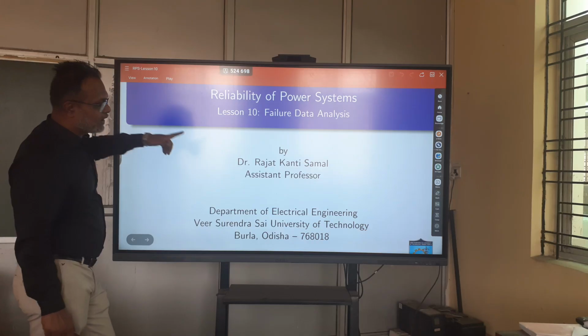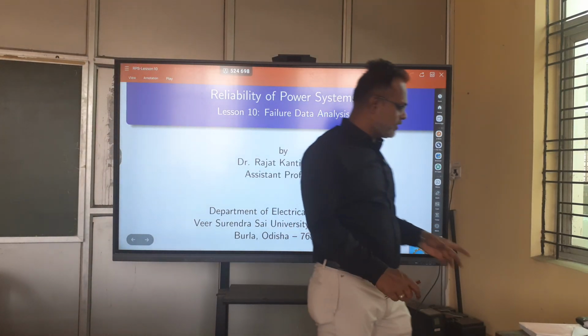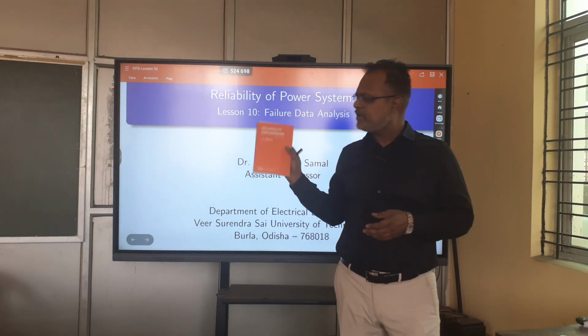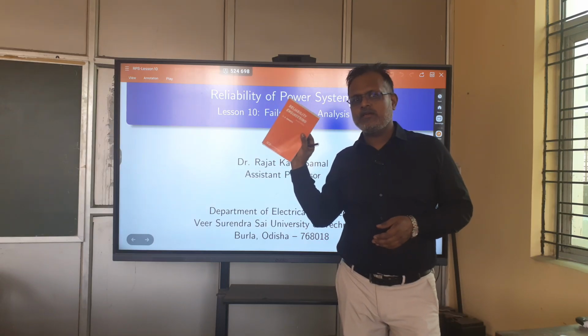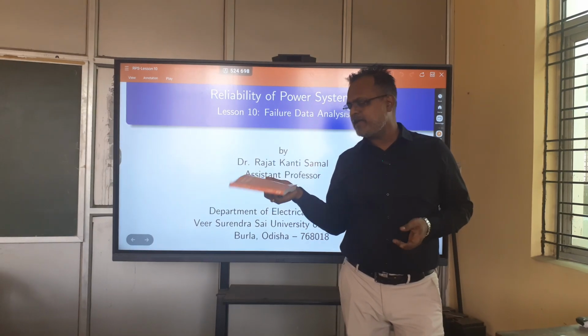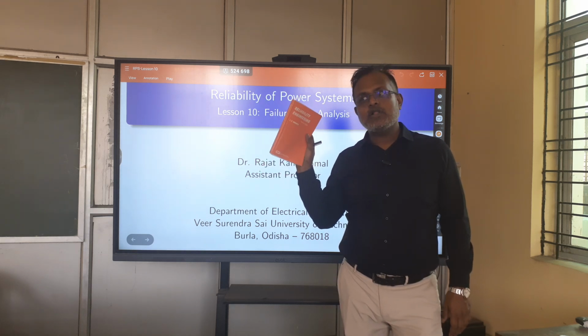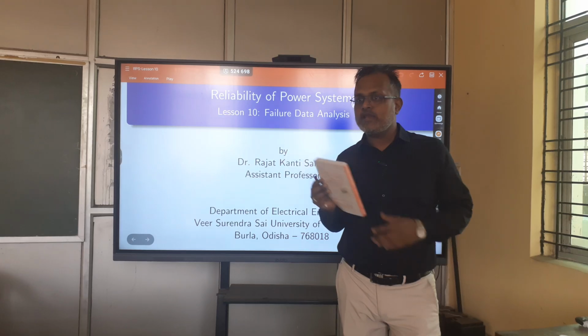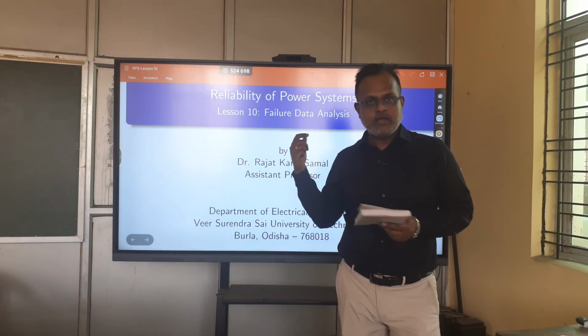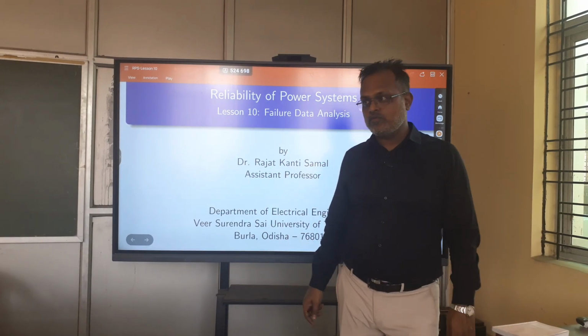So we are going to see failure data analysis. I have taken this from the L. S. Srinath book. It is typical reliability engineering, mostly dealt with by mechanical engineering people, but it gives all the basics of reliability. So we will discuss only the part which is relevant to this module 2, frequency and duration analysis.